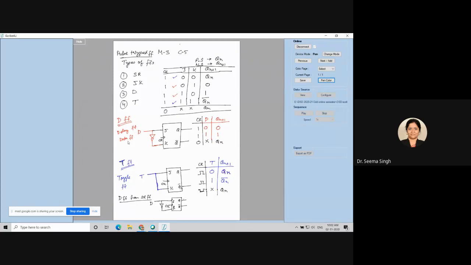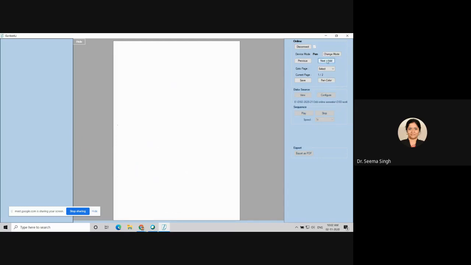Again you will have two sets, and one will be connected with the NOT gate, right? So if I want to make a master slave D flip flop, I will make only D here.